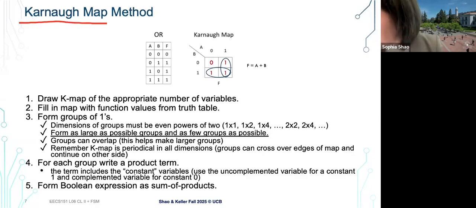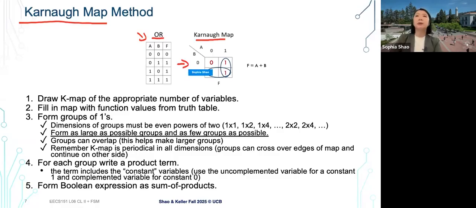So here, let's say this is an OR gate. We start with the truth table. And what a Karnaugh map really is, is basically another way of using the truth table. For a truth table, we have input and output. Here we have the inputs as row or column indices, right? So the different inputs are just how we index a particular cell.